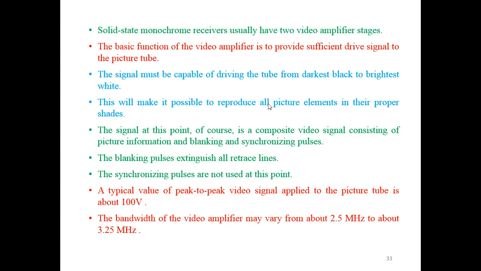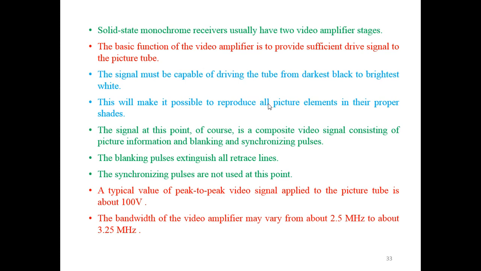The basic function of these amplifiers is to provide sufficient drive signals to the picture tube. The signal must be capable of driving the tube from the darkest black to the brightest white. This will make it possible to reproduce all the picture signals in proper shades. The signal at this point is of course a composite video signal consisting of the picture information, blanking and synchronizing pulses.